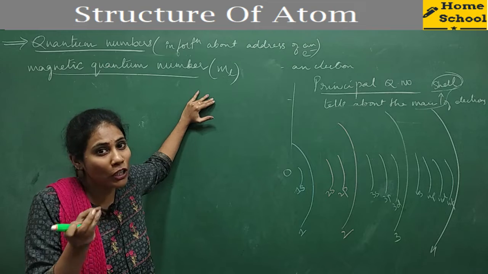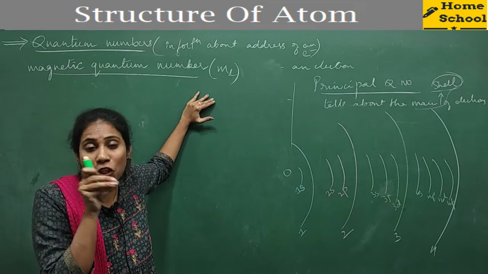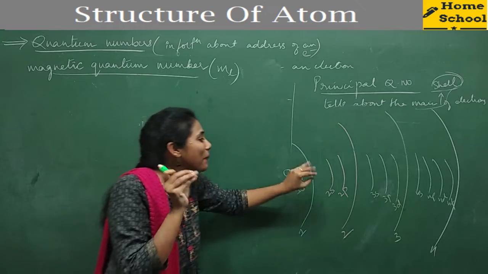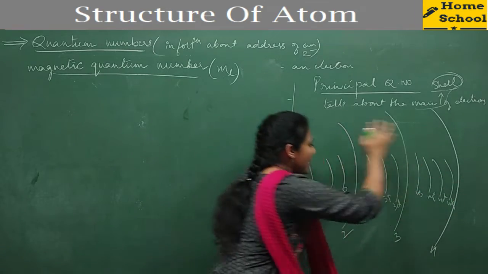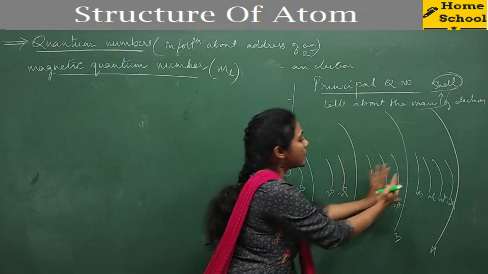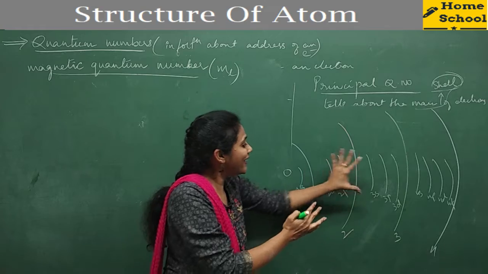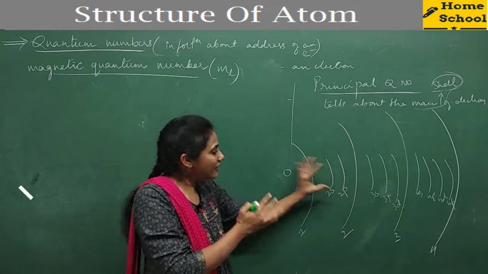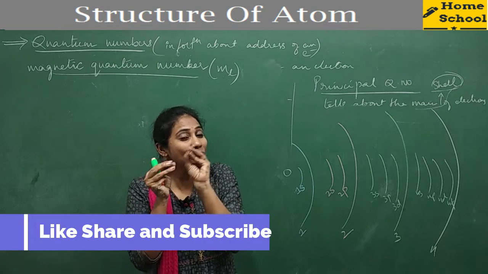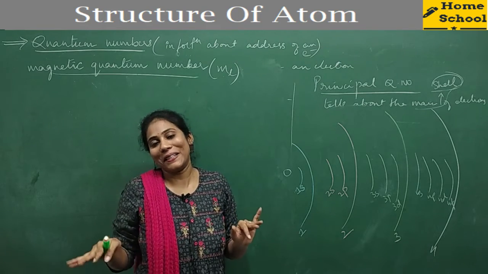Orbitals are the small spaces where electron is present. The big region around the nucleus is divided into sub regions, and each sub region again has a very small region where actually the electron is present.